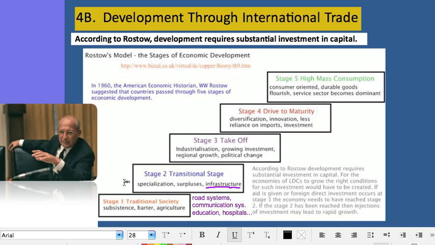So they take that environment and they have become an eco-tourist destination. So in this stage 3, they do everything they need to take off, to start growing, start making money. They get the money that they need, growing investment, they start developing their infrastructure, political change, any kind of policies that they need to adopt to encourage this growth.